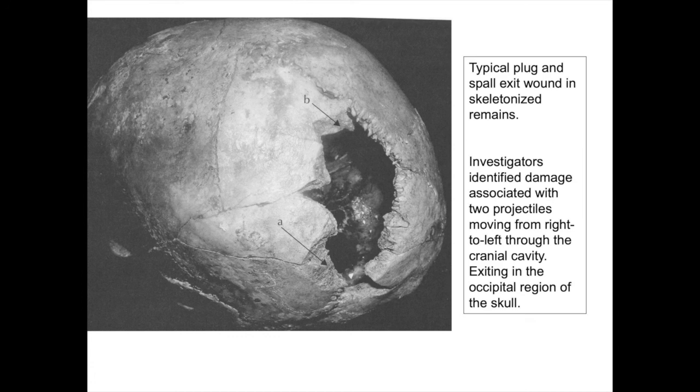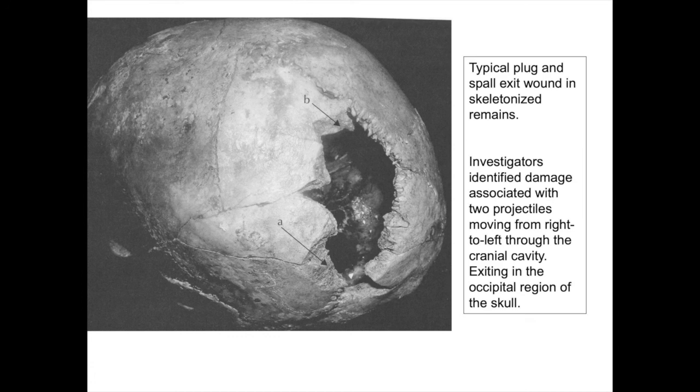The two projectiles are coming in just behind the oral and optical areas within the viscerocranium, or the face in this case. They are moving into and through the endocranium, and then exiting through the back of the skull, and they create these very unique breaks where the plug is developing, and then its spall is leaving the remains.